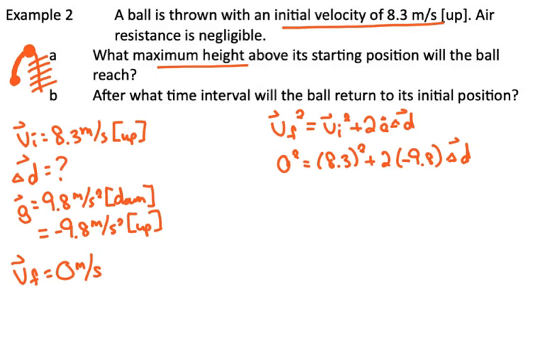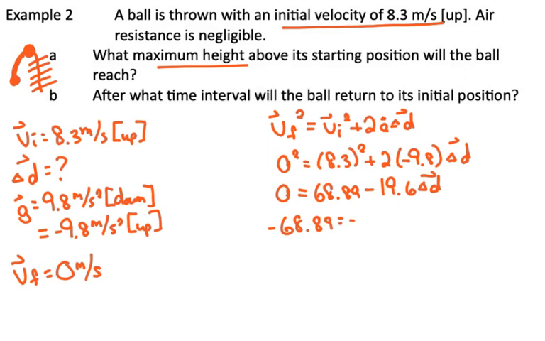Working this out, 0 squared is 0. 8.3 squared is 68.89. We can multiply the 2 and the negative 9.8, gives us minus 19.6 delta D. Can move the 68.89 over.